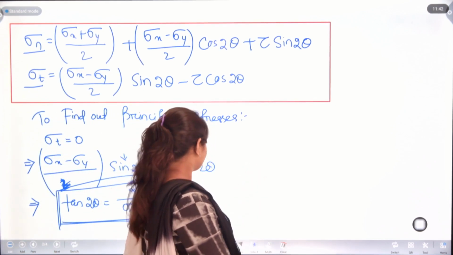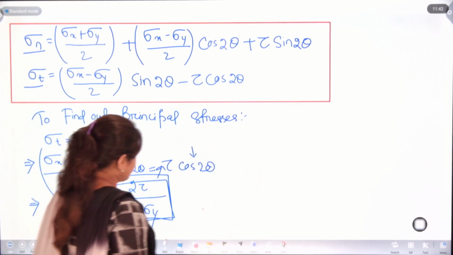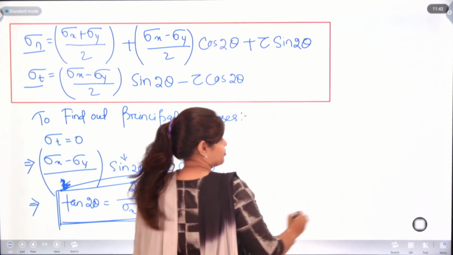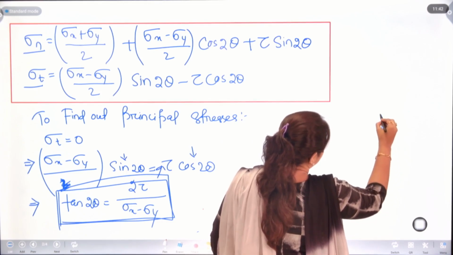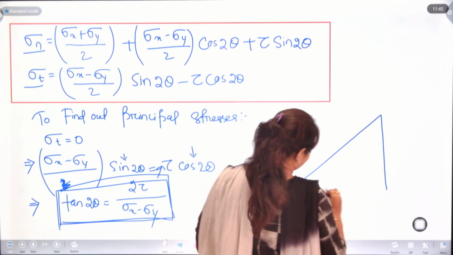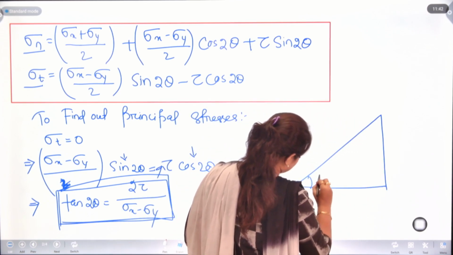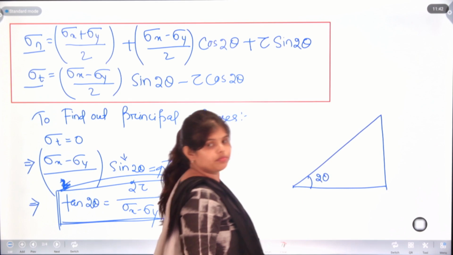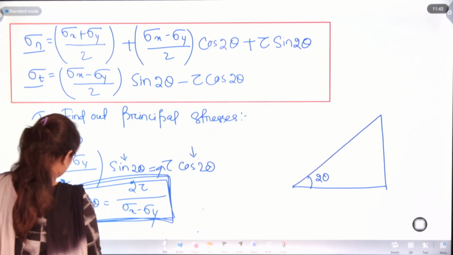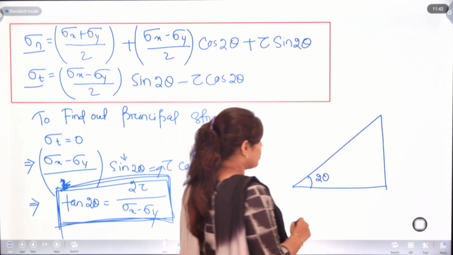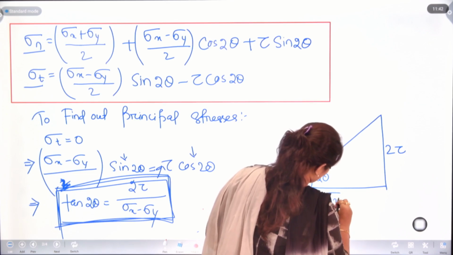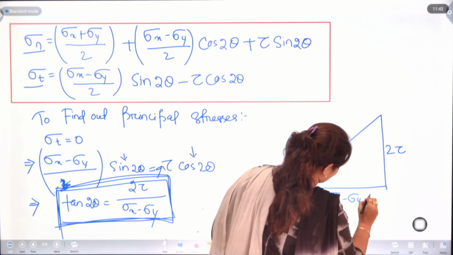Let's go for trigonometry. Let's take this as 2 theta. In case of tan 2 theta, we will have 2 tau here, and here we will have sigma x minus sigma y.